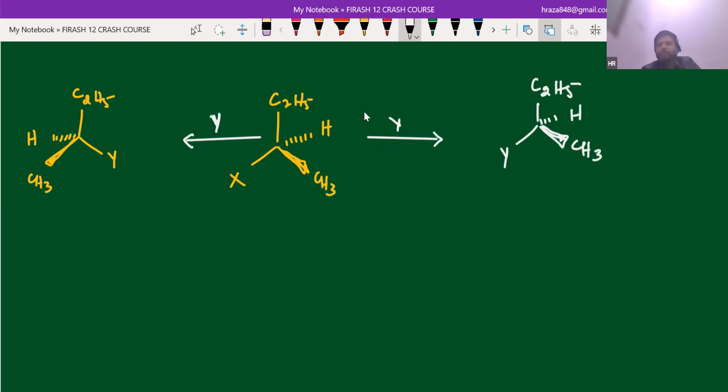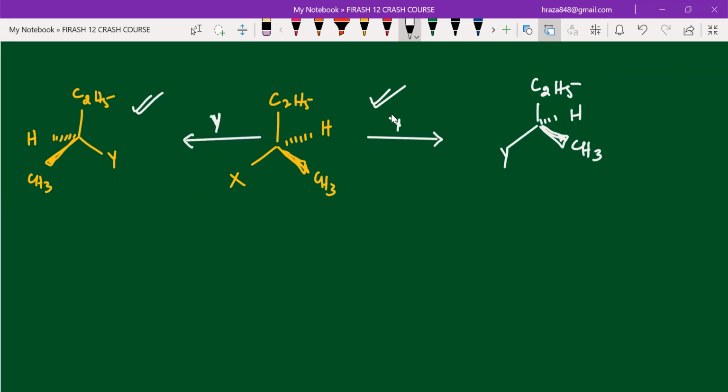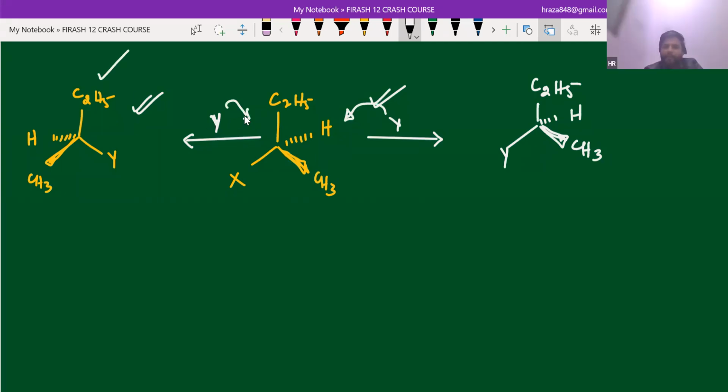See, this is basically a front attack, and this is basically a back attack. Are you getting my point? Yes, sir. If it attacks from the back, the product is this. If it attacks from the front, the product is this. Got it? It is just the reaction. That's why I'm writing it like this. Are you getting my point?